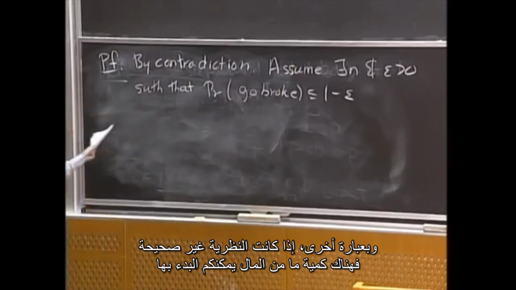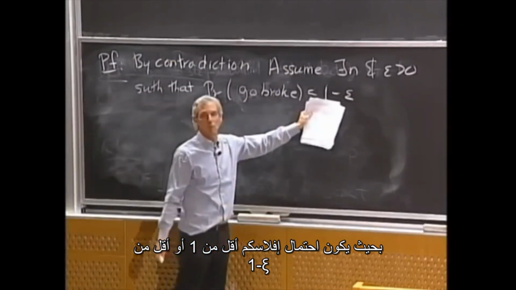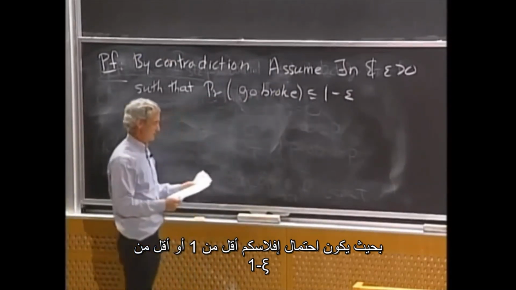In other words, if the theorem is not true, there exists some amount of money you can start with such that the chance you go broke is less than 1. Less than 1 minus epsilon.